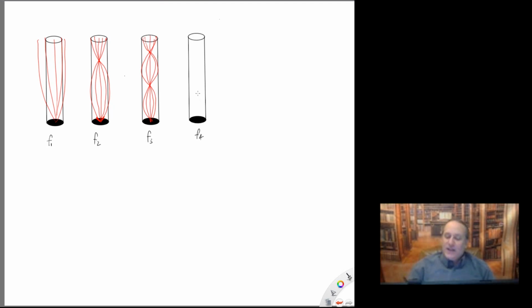And next we would have three nodes in between the ends, and so on. So this should be enough for us to figure out a pattern. And then we can have a formula for how the length, the wavelength is related to the frequency.